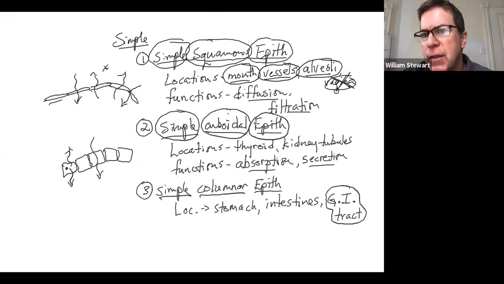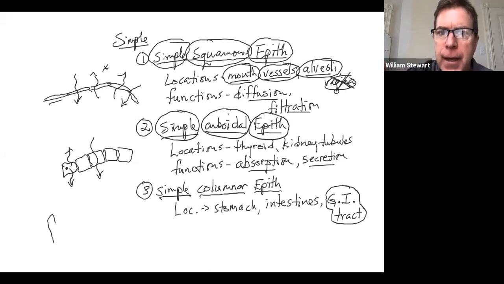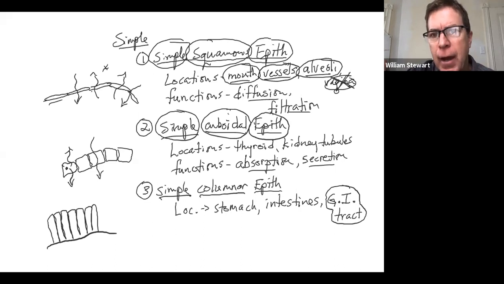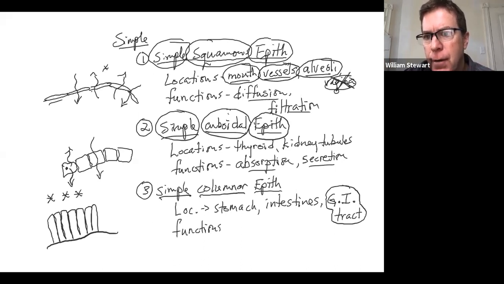So think digestive system. We have one layer of tall cells all in a row like this that line our GI tract. So this would be the inside of the intestine where our food products are. And the functions of this are mostly absorption and some secretion as well.